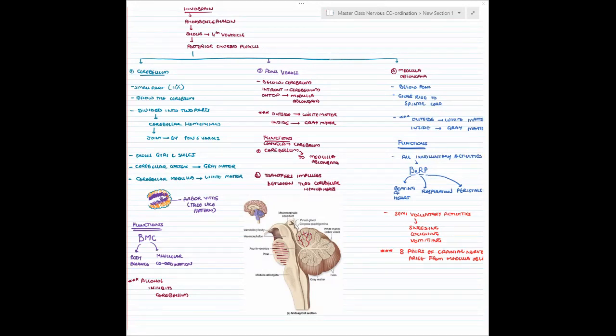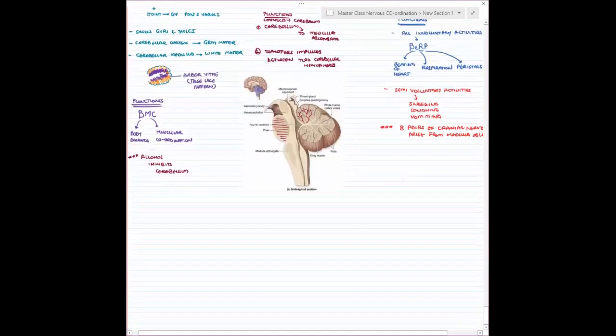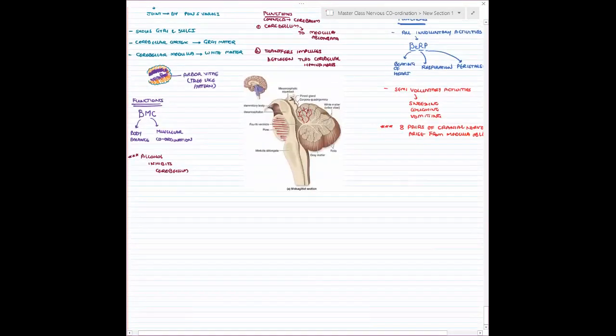So I will have to draw that entire brain again. I had just shown the brain stem in this diagram. Let's imagine this is your cerebrum, the largest part. Then we have the cerebellum.